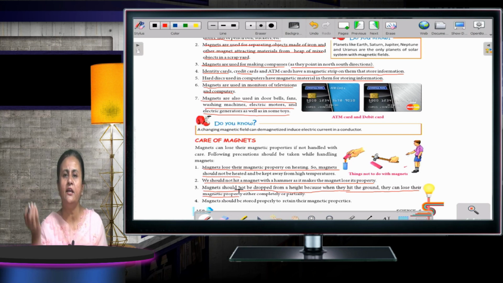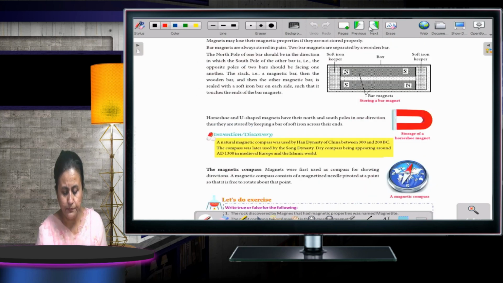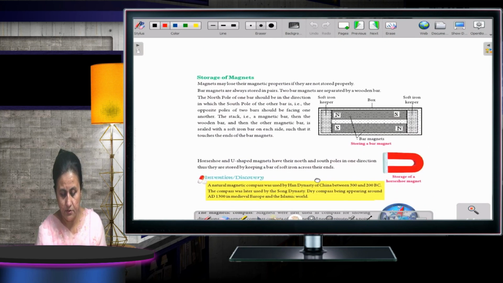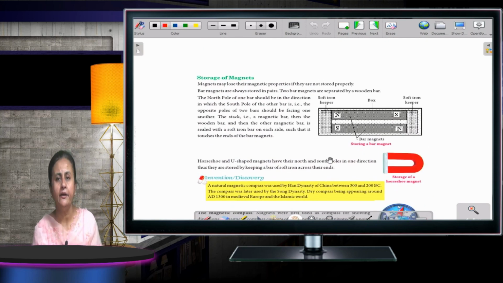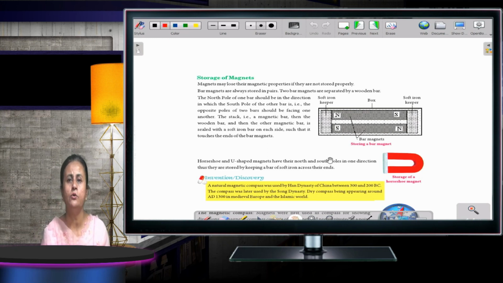We should take care that it does not fall from a great height. Then the fourth one, magnets should be stored properly to retain their magnetic properties. I told you to store the magnet, but the question arises how to store it. So, in your next topic I am going to tell you how to store magnet.